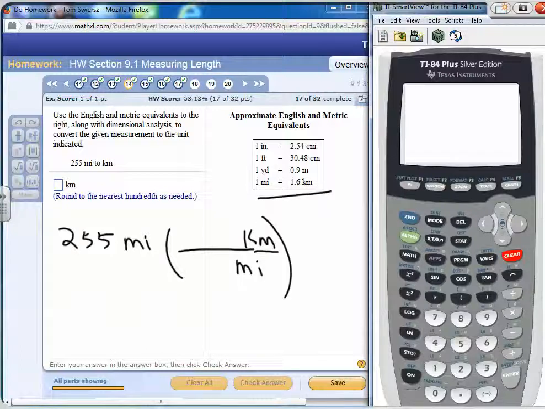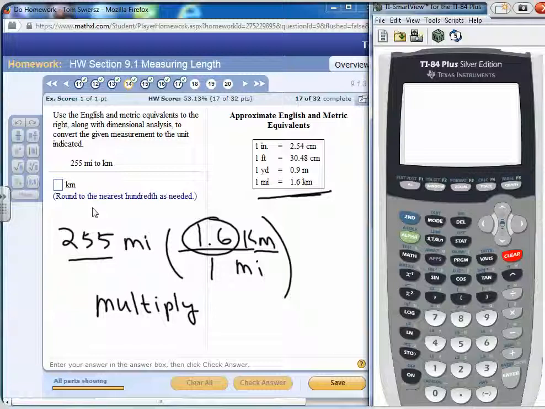Here's a conversion factor given to us in this chart right here. For every 1 mile, there's 1.6 kilometers. Notice the number that's not 1, the 1.6, is in the numerator. So that means when it's in the numerator, we're going to multiply 255 times the 1.6, and that will convert miles to kilometers.